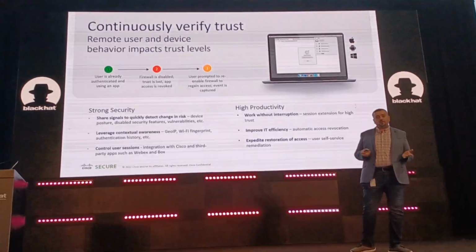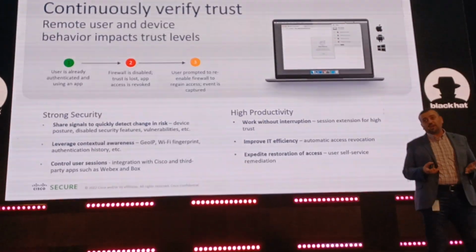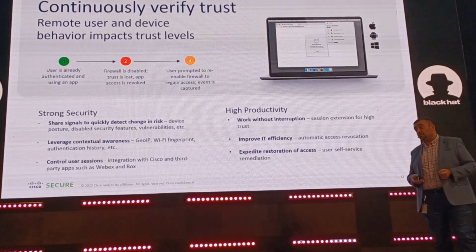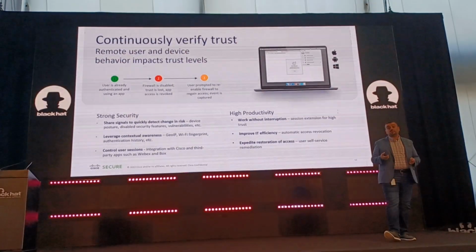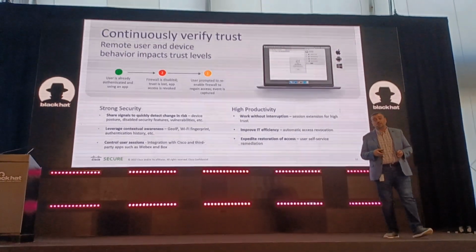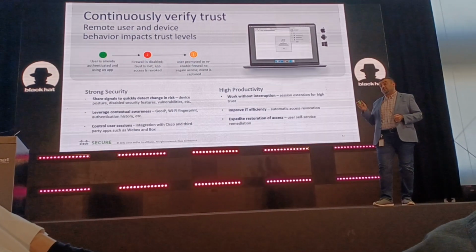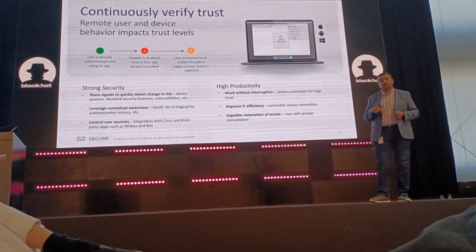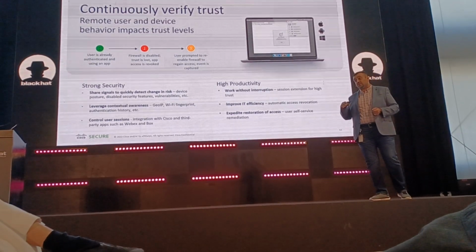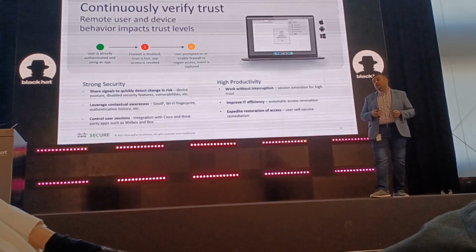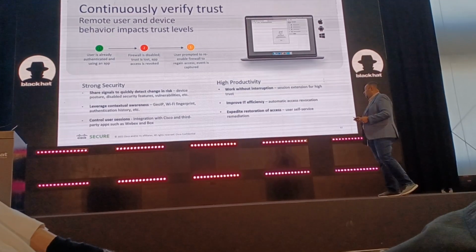As an example, if you are used to authenticating from Riyadh, and all of a sudden we received an authentication request to access an application from, let's say, one of the GCC countries, then this will reduce the trust in the user, and this will enforce a different layer of security when they are trying to access the application.